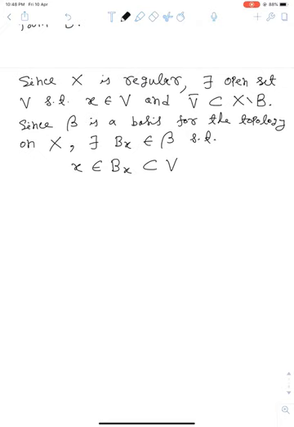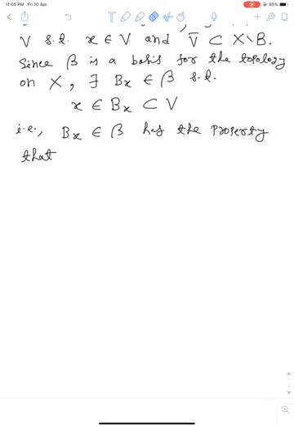Now what are the properties of that Bx? Bx belongs to beta and has the property that x belongs to A and the closure of Bx intersection B is empty.